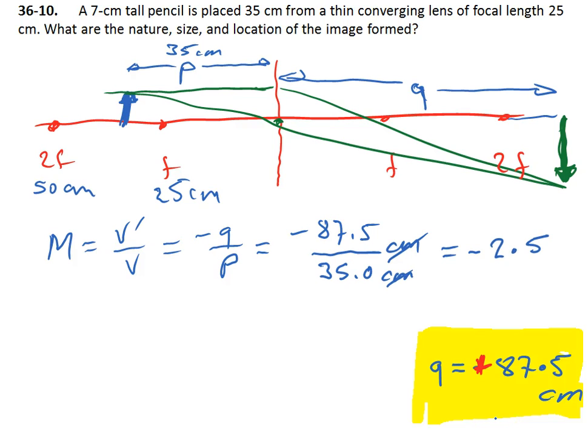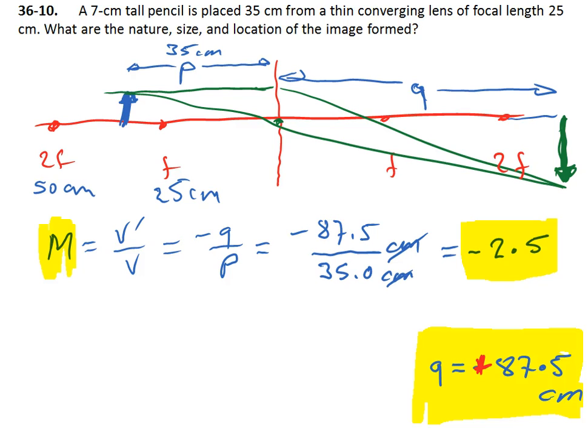The negative sign tells us that the image is inverted, which we already knew from our ray diagram. So that's an intermediate result, which is useful, but the negative sign tells us inverted, which is part of the nature of the image formed.